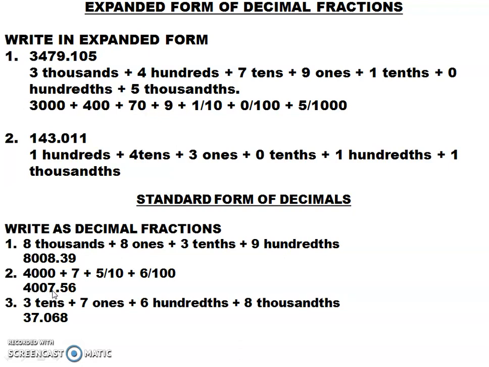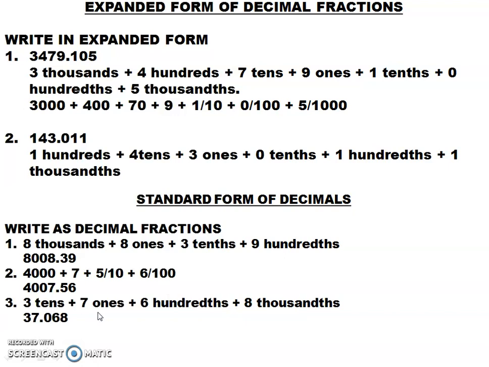And ones place is 7.56. So your final answer is 4007.56. Now listen here. Third one, 3 tens plus 7 ones plus 6 hundredth plus 8 thousandth.